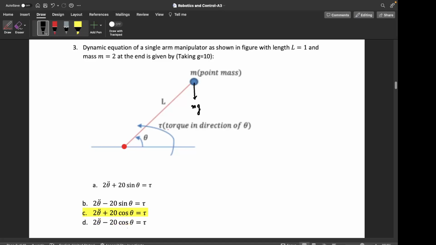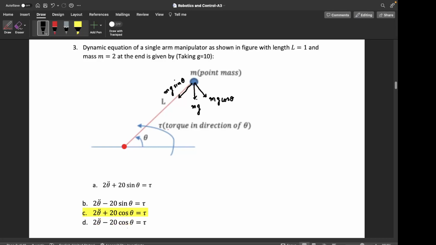Mg, and if you take components, it will be mg cos theta on this side, and this will be mg sine theta, right?